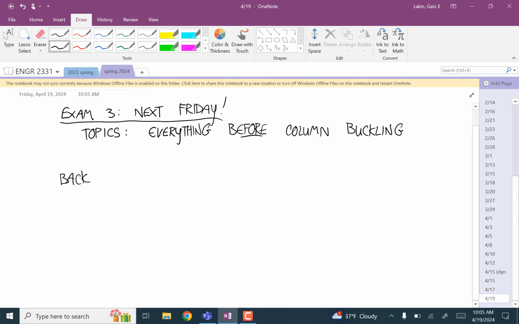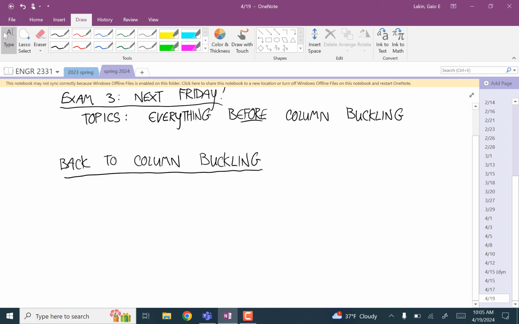So now we're going back to column buckling. And remember, this is largely sort of an exercise in this important type of differential equations. And we're going to see this type of differential equations and variations of it in dynamics also.